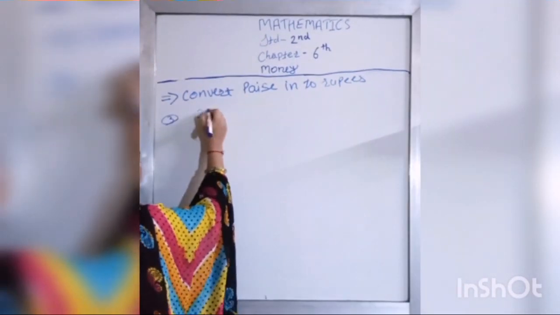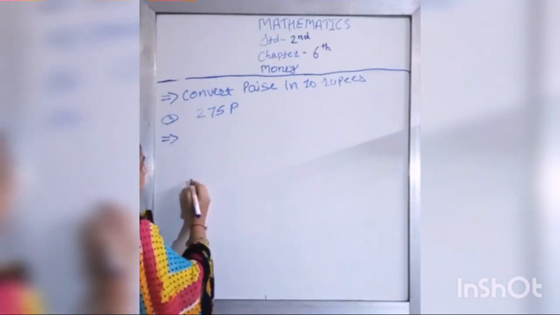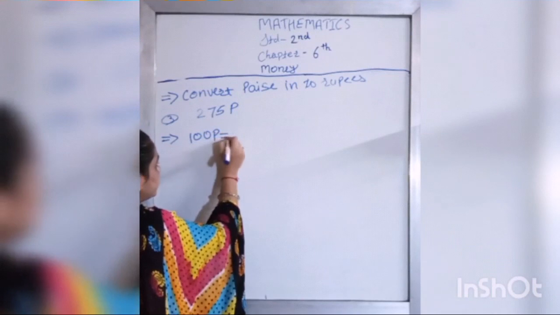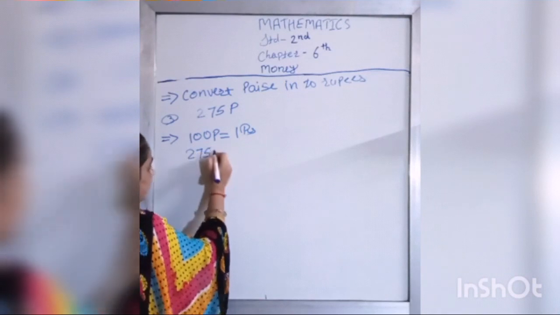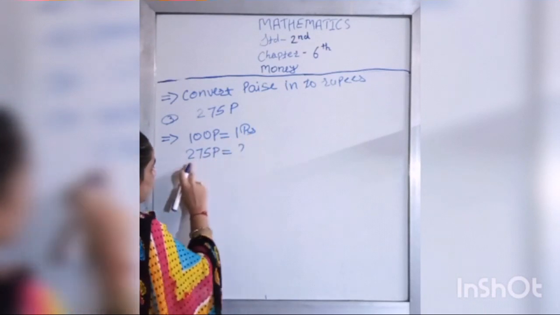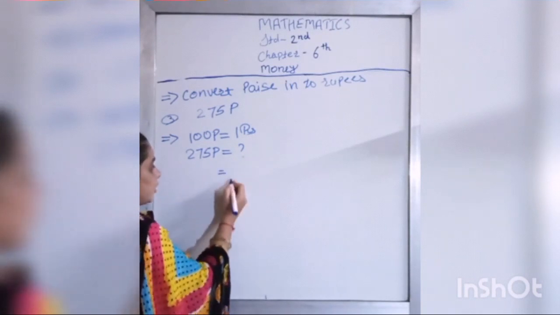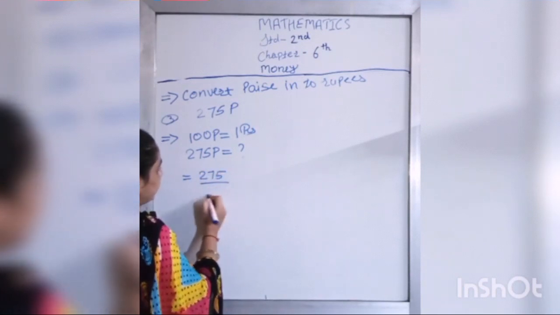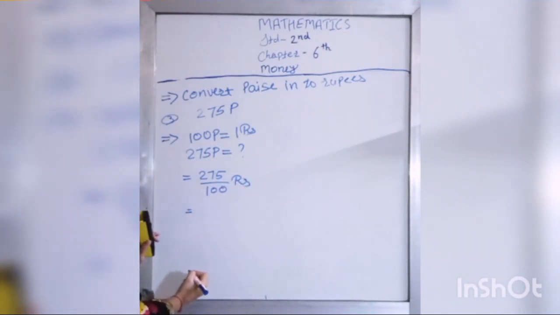One more example, 275 paise. We have to convert this into rupees. Can you tell me what will be the first step? 100 paise is equal to 1 rupee. So we have to convert this 275 paise into rupees. As 100 paise is equal to 1 rupee, 275 paise is equal to how many rupees? We will divide 275 by 100, then it will convert into rupees.